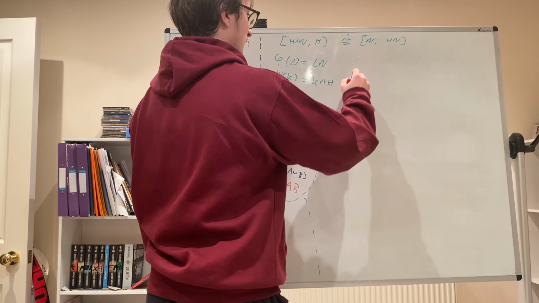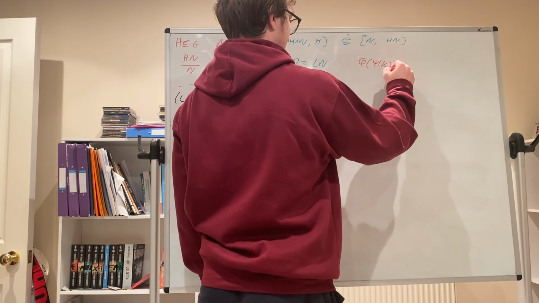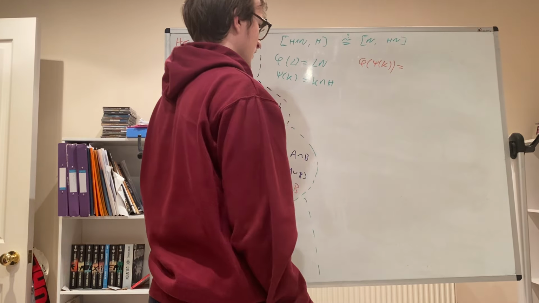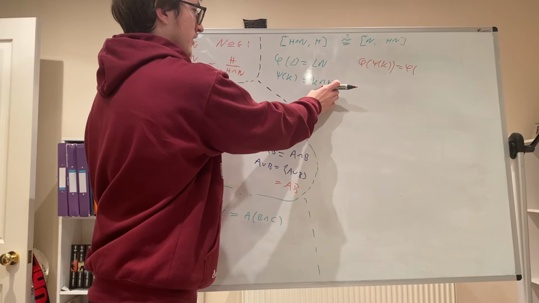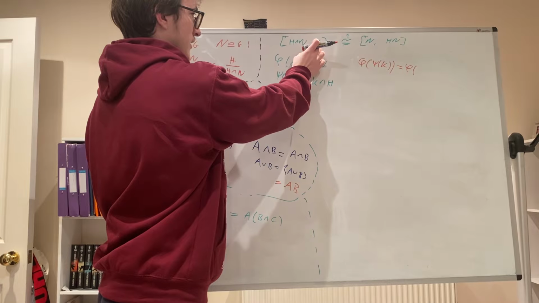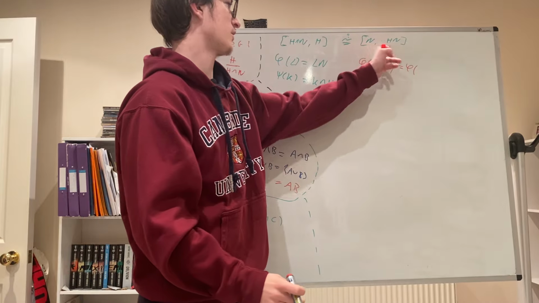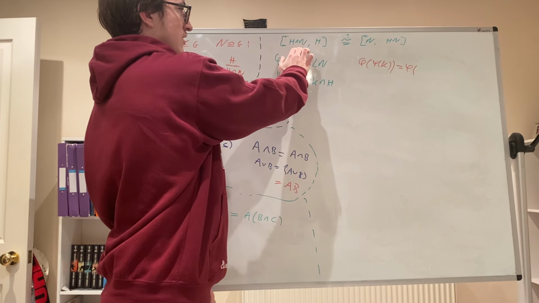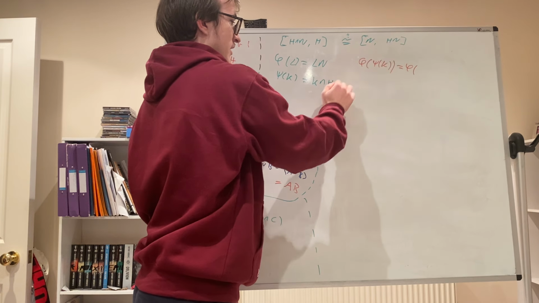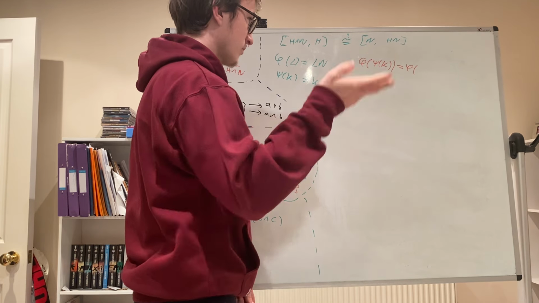So if we do phi of psi of K, I should be consistent, this is phi of K intersect H, and notice that K intersect H will land within here, because K is somewhere between N and HN. So K intersect H will be somewhere between H intersect N and HN intersect H, which is just H, so it'll be somewhere in between again. I probably should have pointed that out.